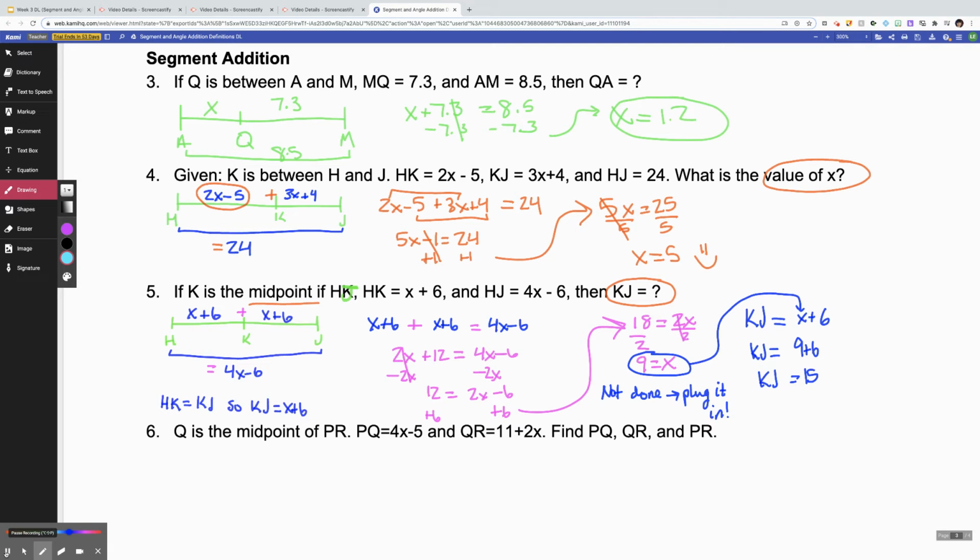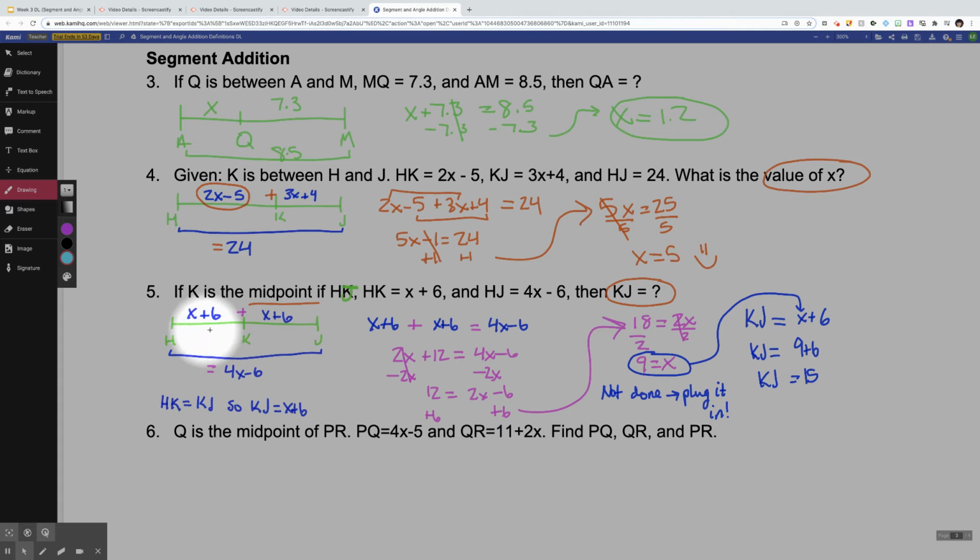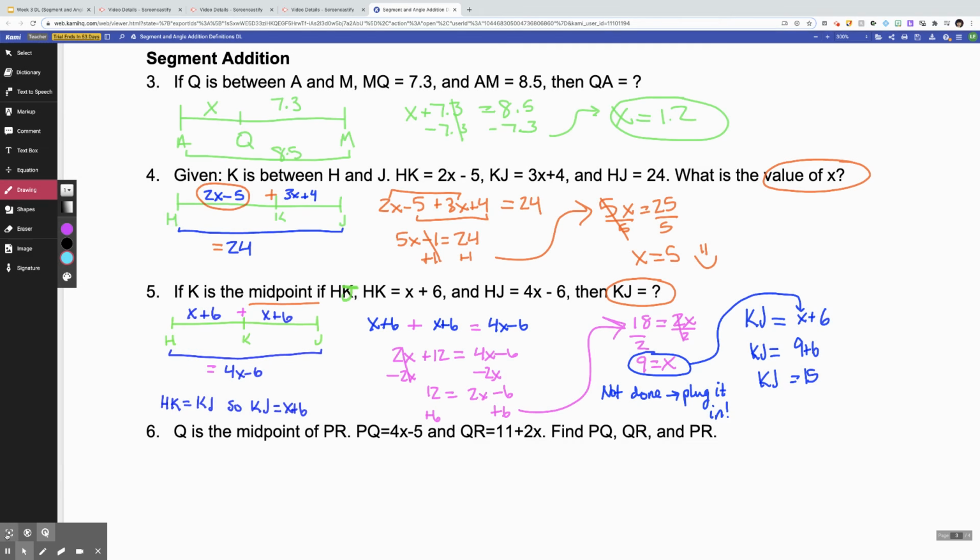All right, y'all, so here's number 5 all worked out for you. So I drew the diagram first, right here on the left, okay? So I put in the information that I knew. I knew that HK was x plus 6, so I put that in first.